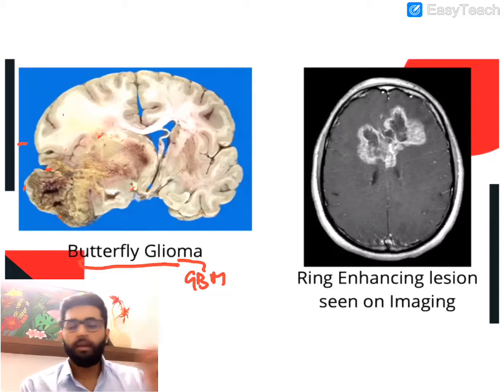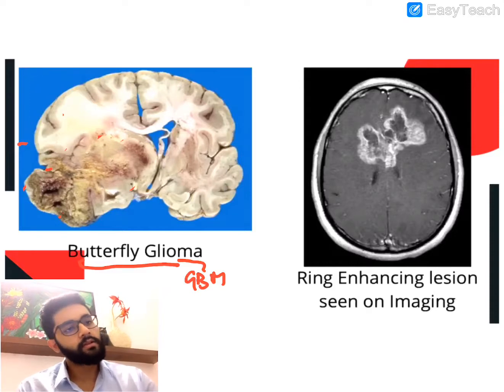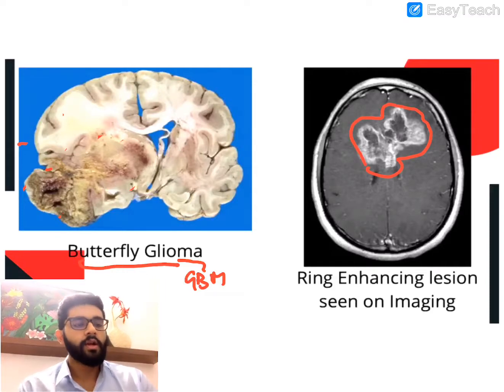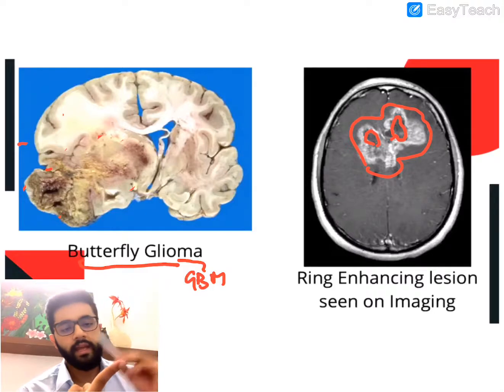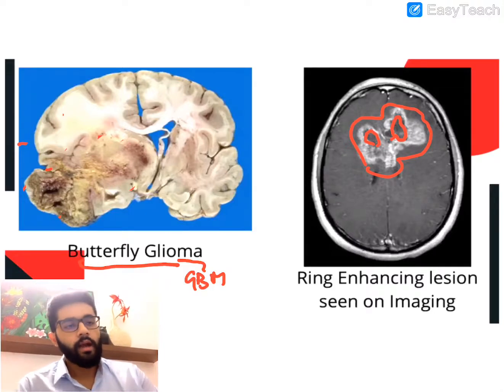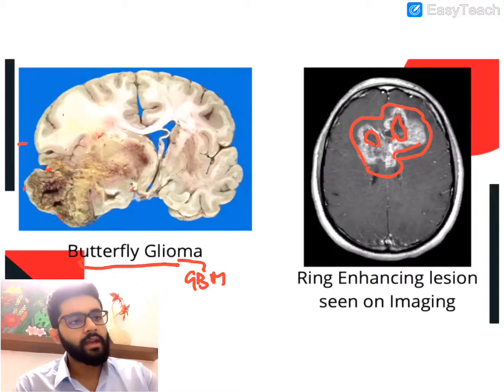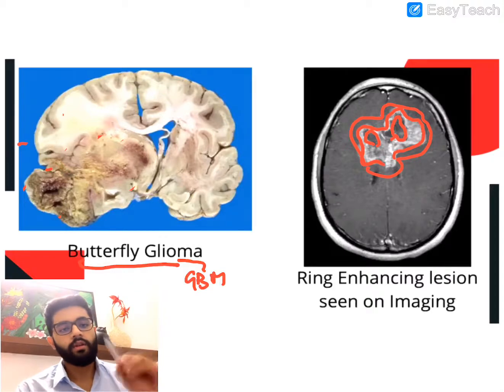Now in the imaging, how does it look? Again, at first glance, you can see that there is a butterfly-like shape in this image, right? Few things you have to focus on in this image. Firstly, these black areas are areas of necrosis. So there are many areas of necrosis. Second point, it crosses the midline. And third point, you can see an enhancement or a hyperdense area around this region of necrosis.